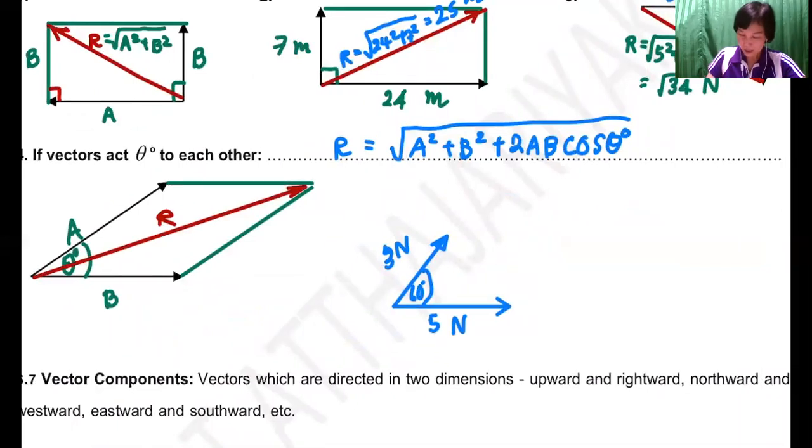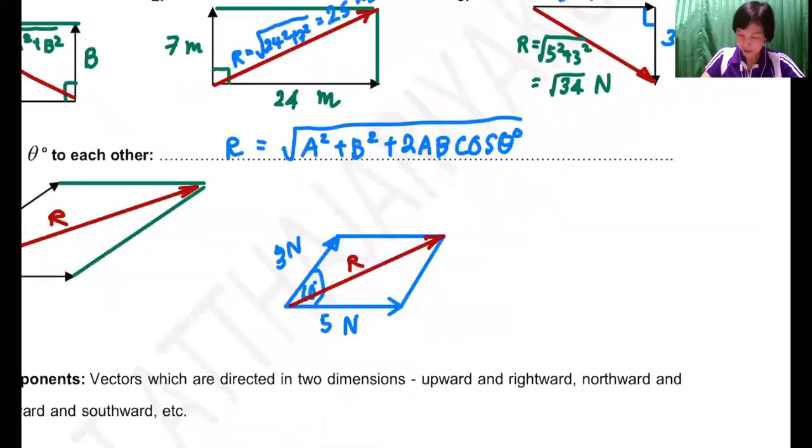So first I will draw the parallelogram, and suppose they are parallel to each other. And this is our resultant. How much is the magnitude of my resultant vector?